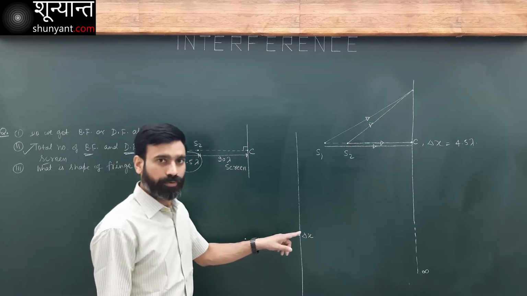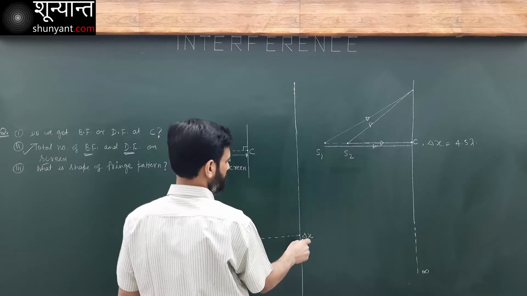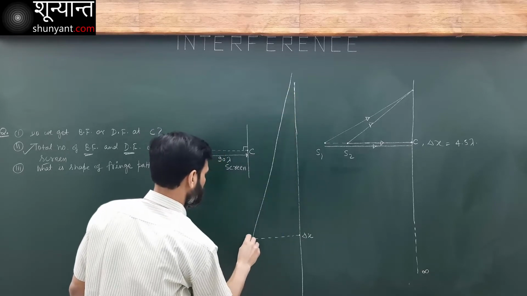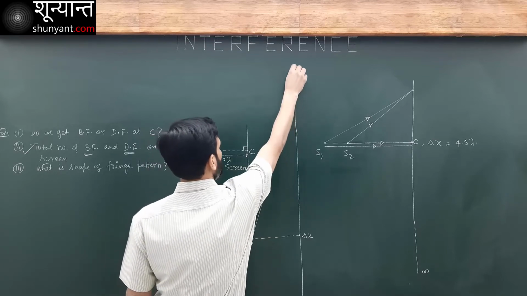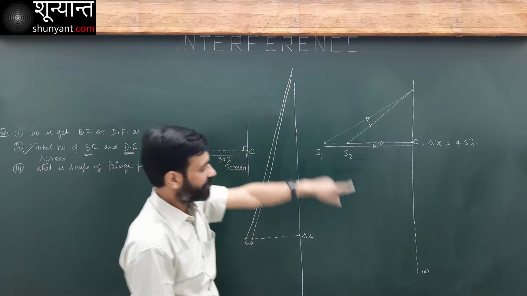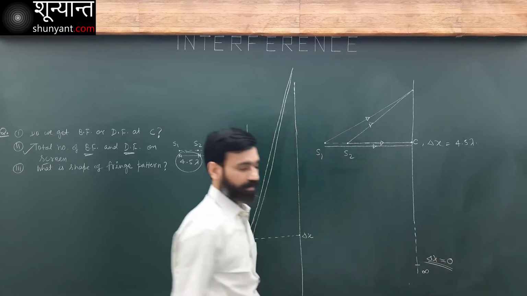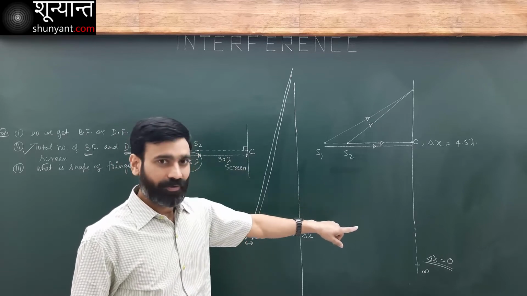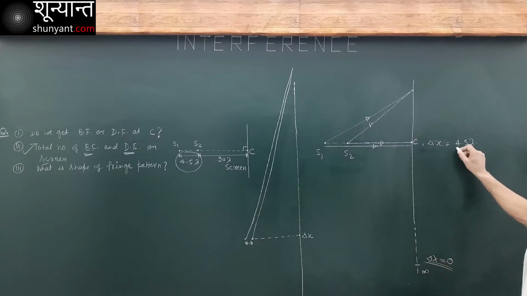But as I move to a large distance away from this point C, these two distances are going to be almost equal. At infinity, delta x is going to be 0. But here the path difference is 4.5 lambda.